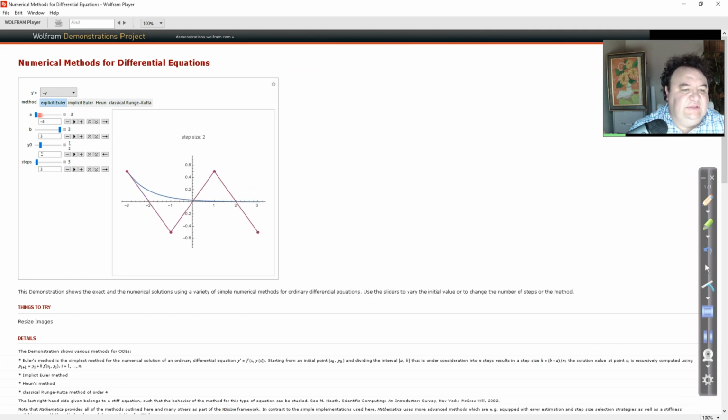The simplest approach is the Euler approach. Here you see that with only 3 values plus the initial one, the approximation is very poor. The blue is the original curve and the polyline is the approximation.